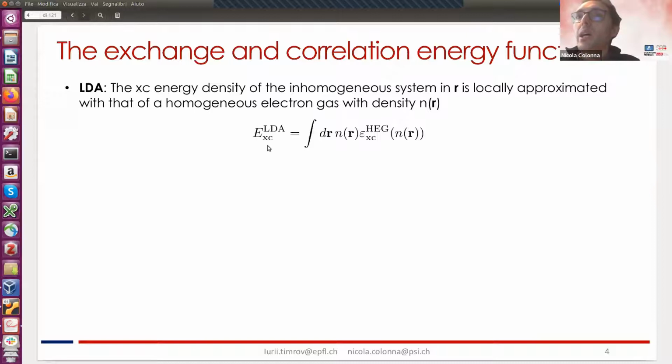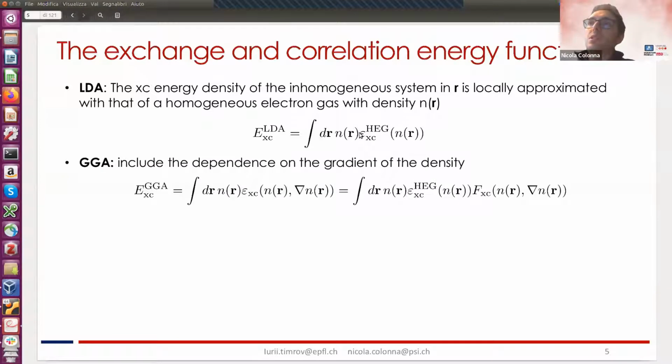In practice, this means that the LDA energy is expressed as an integral where the only ingredient is the energy density of the homogeneous electron gas. This can be computed once and for all with a very accurate method, in particular quantum Monte Carlo calculations. You store it, fit it with some analytic form, and then any time you get a density, you get a number for this object, and you can do this integral very efficiently.